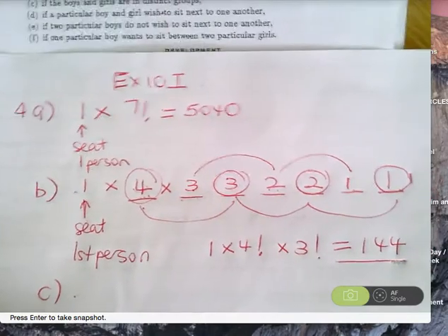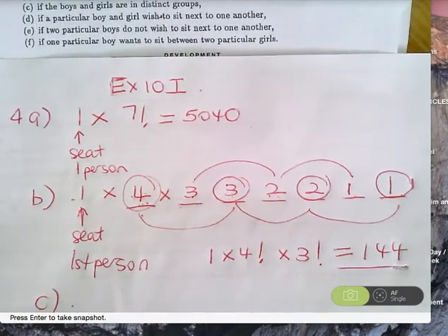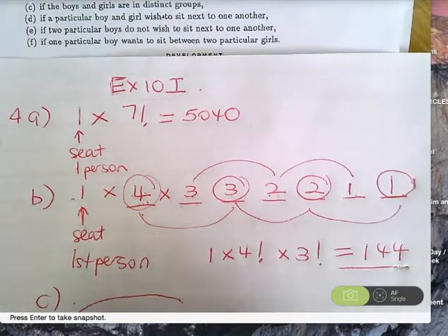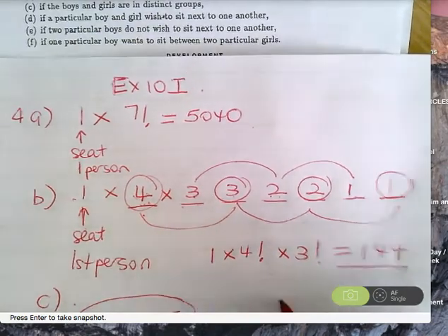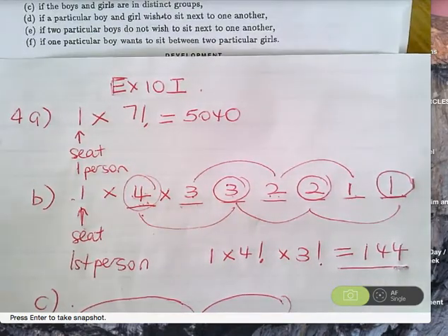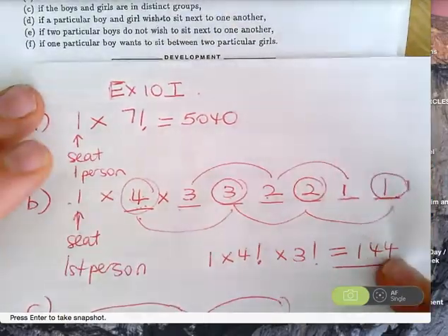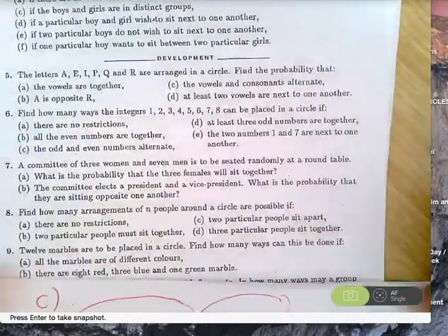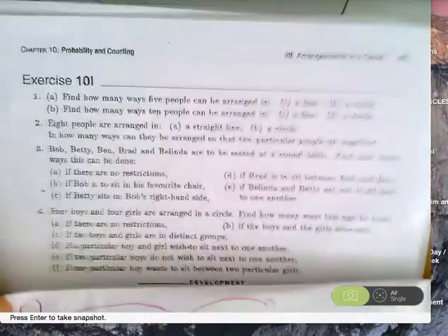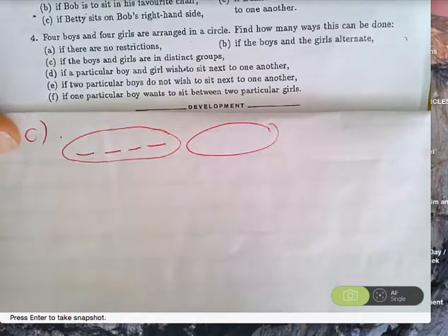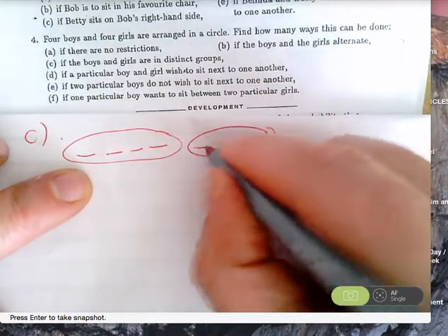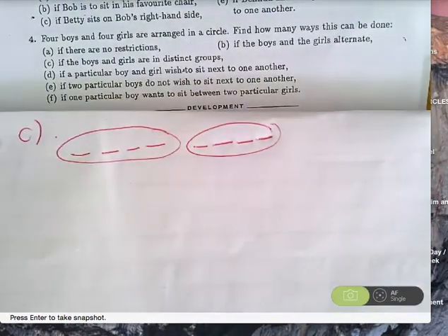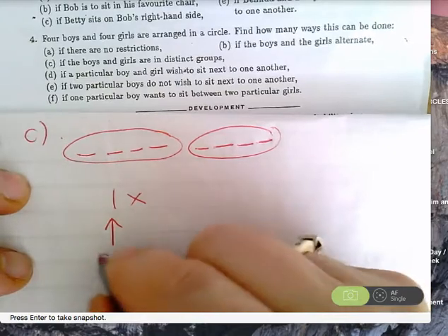Okay, now, C. If the boys and girls are in distinct groups, so I want 4 boys here. Boys and girls in distinct groups. If the boys and girls are in distinct groups, 4 boys, 4 girls, because it's a circle, you've got to seat someone first, so you seat that group. Seat one of the groups.